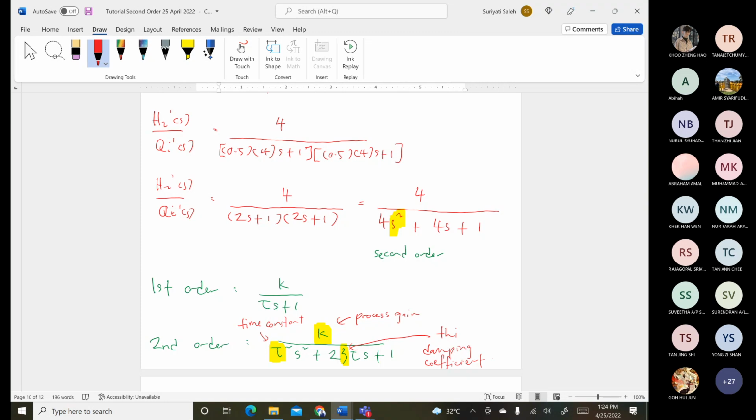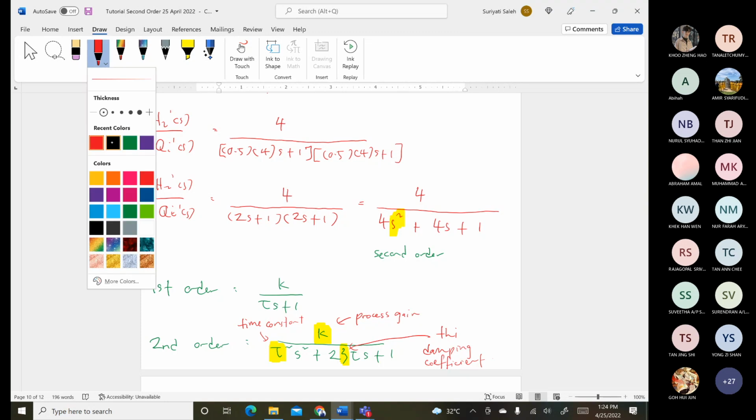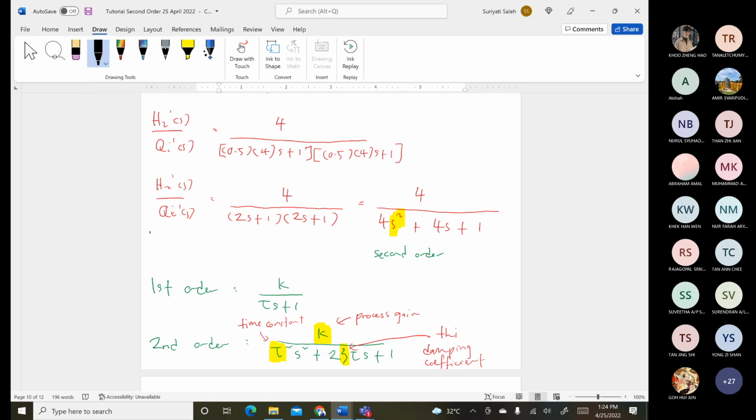If we try to find the root, this part and this part: let's say we find the root 2s plus 1 equal to 0, so s equals negative 1 over 2. And the second one also 2s plus 1, so s equals negative 1 over 2.